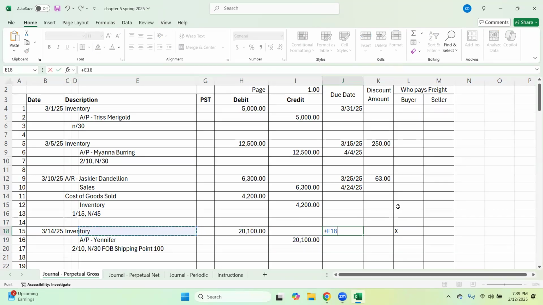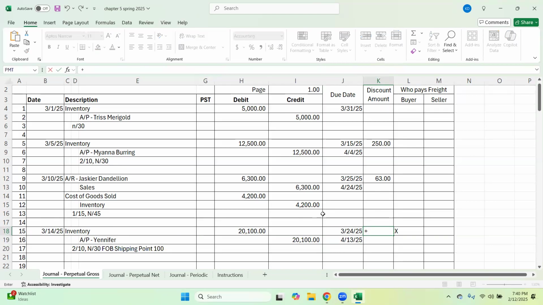If I'm going to pay this within 10 days, if I'm going to pay this within 30 days, if I pay it within 10 days. Now, when it comes to the shipping, Yennefer paid it on our behalf. So she's out $100, but it's not her responsibility to pay that. She's just doing it as a courtesy. We cannot take that discount on that $100.